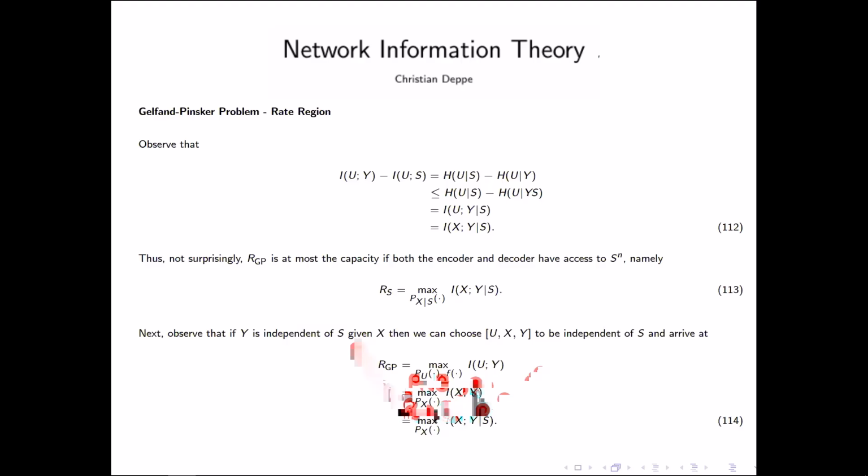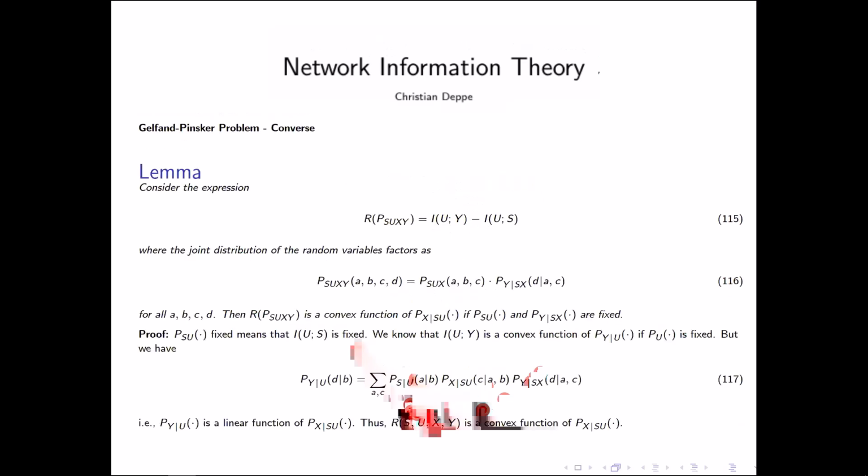Now let's come to the converse. For the converse, we need again some convexity property of the rate. So if you look at this function, this difference, which depends on the probability of S, U, X, and Y, and we assume that P_SU and P_Y given S,X are fixed, then this mutual information is also fixed.